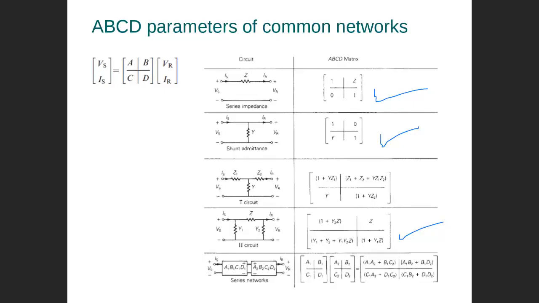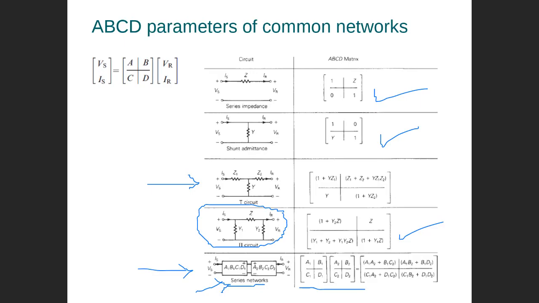If we give you a circuit like this, you will be given the ABCD parameters. Or like this, you will be given the ABCD parameters. What does this mean here? Series networks: if we have the same network that is repeated, then we multiply the ABCD parameters A1, B1, C1. If we have another circuit here connected to the same circuit, and then another circuit connected together, this is what we mean by series networks: a network and another network.